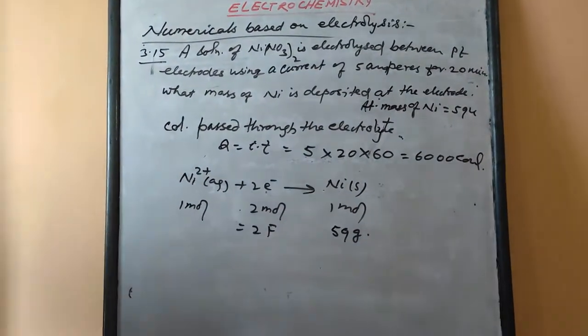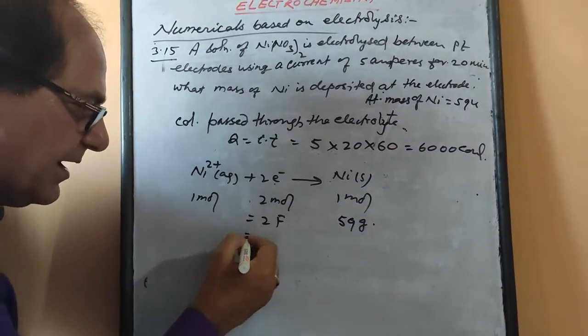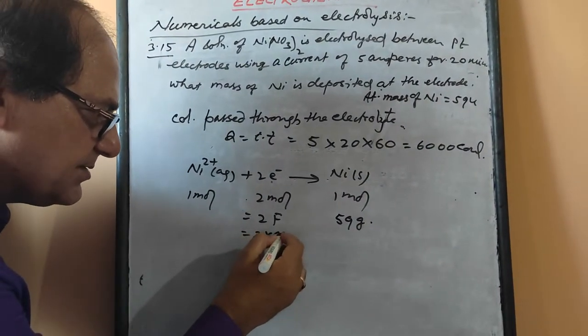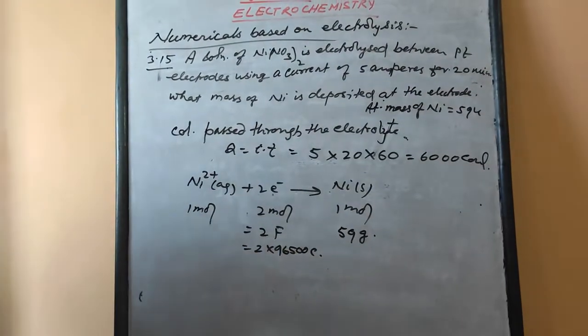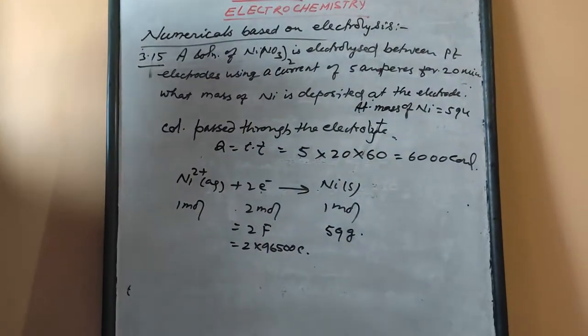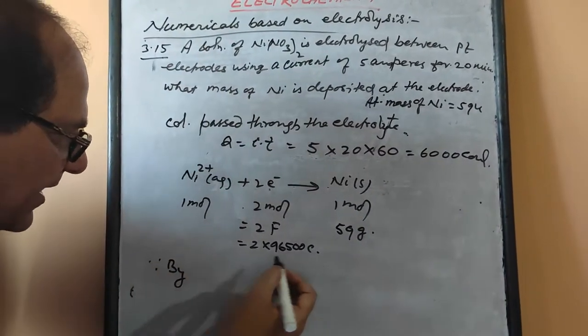Now just use the unitary method, and this is nothing but 2 into 96500 Coulomb.